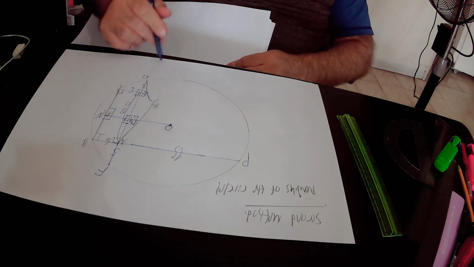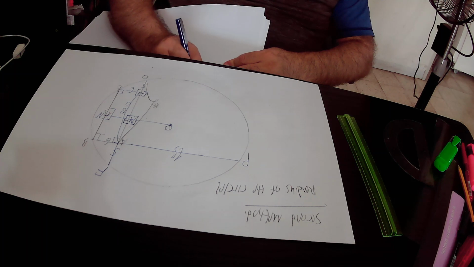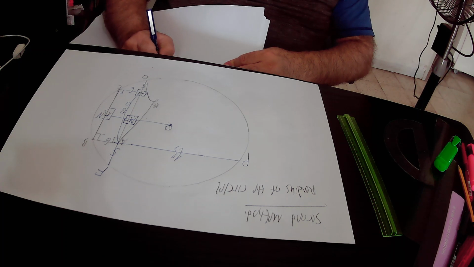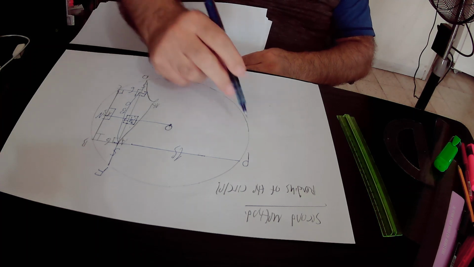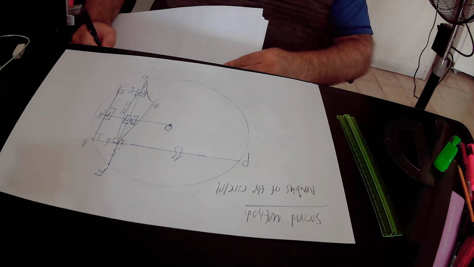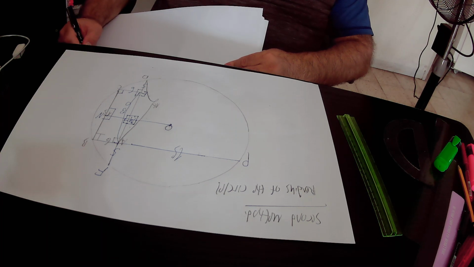we have chord FD intersects with chord PB at 90 degrees.